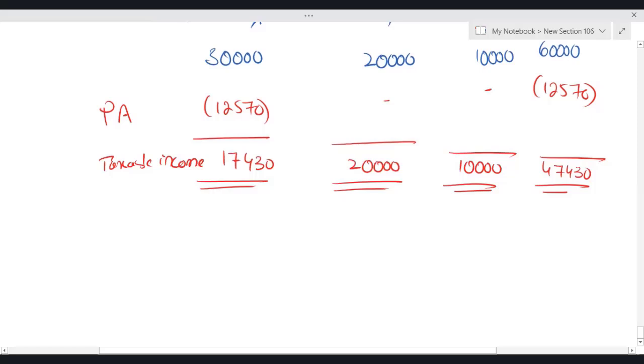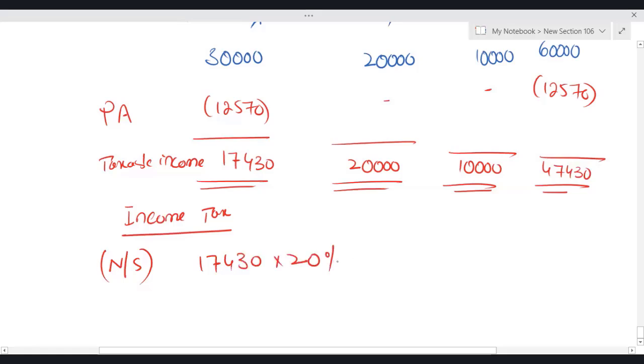Okay. Non-saving 17,430 obviously falls in the basic rate band, where the applicable rate is 20%.